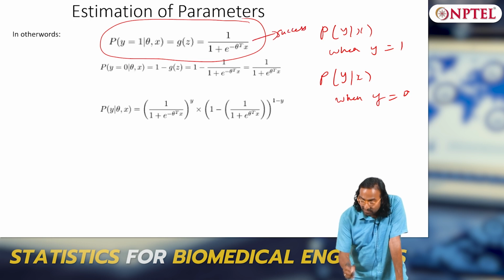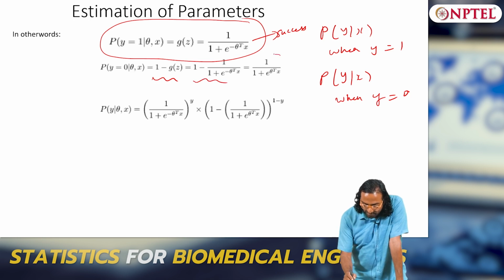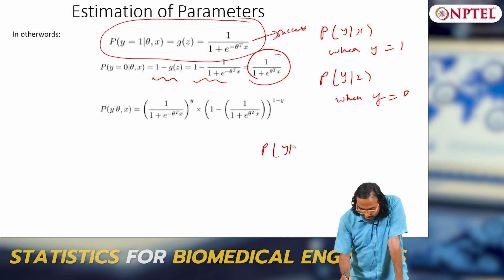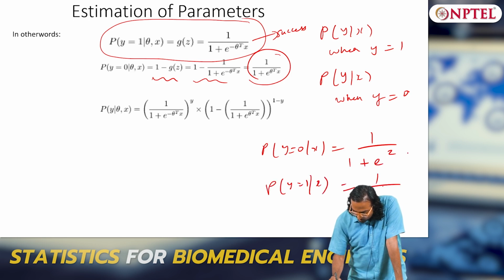What is failure? Failure is 1 minus success, right. So 1 minus 1 by 1 plus e power minus theta transpose x. So I can combine it, and probability of y equals 0 given x is nothing but 1 by 1 plus e power z, and probability of y equals 1 given x equals to.